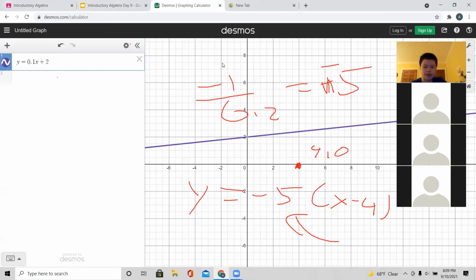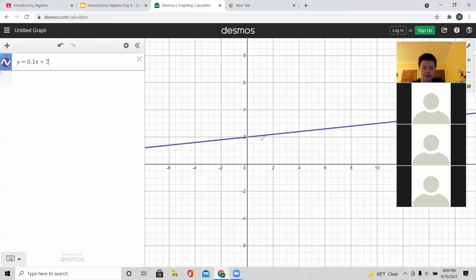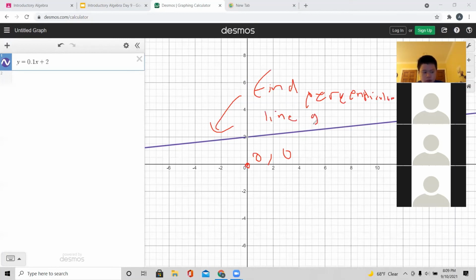What would be a line that's perpendicular to this blue line and goes through the origin 0, 0? I'll be right back, but just answer your questions in chat.